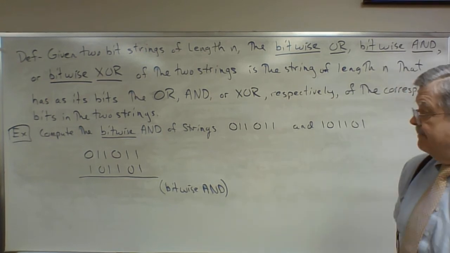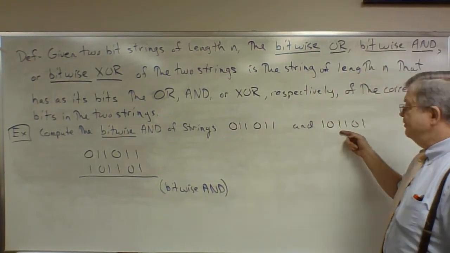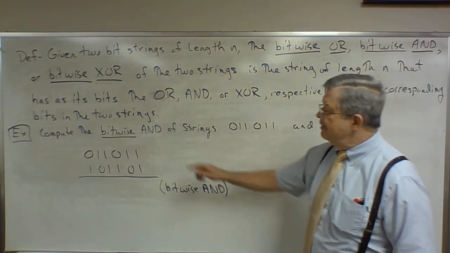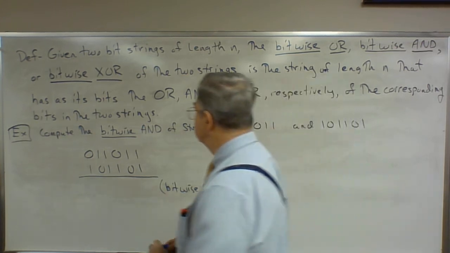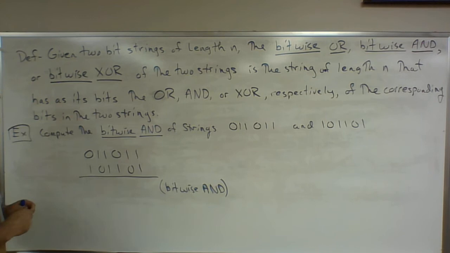Okay, here we go again. The same two bit strings of length 6. We're doing the bitwise AND. And again, we compare corresponding bits.